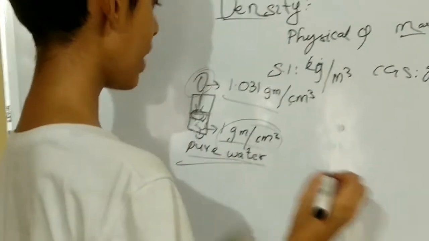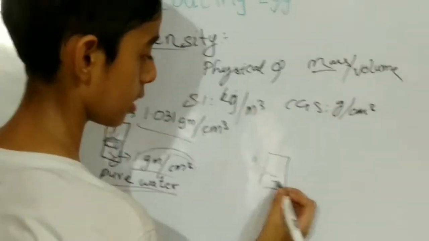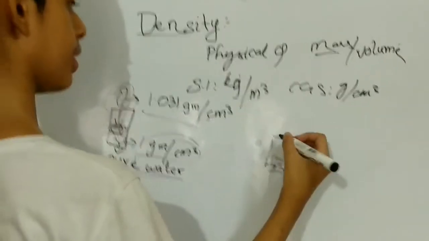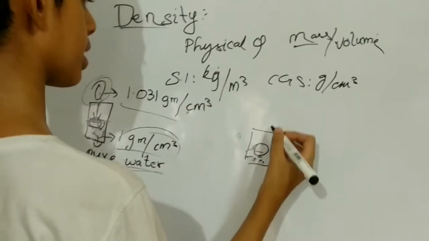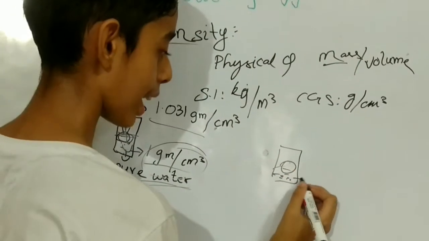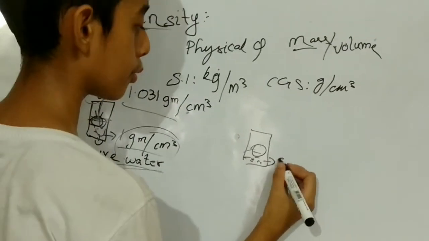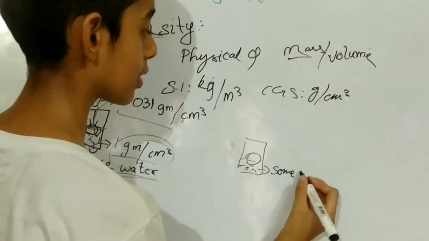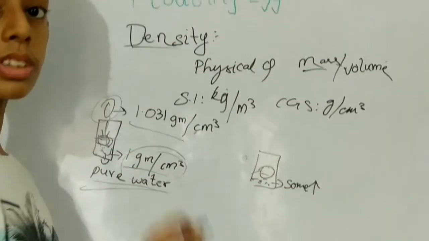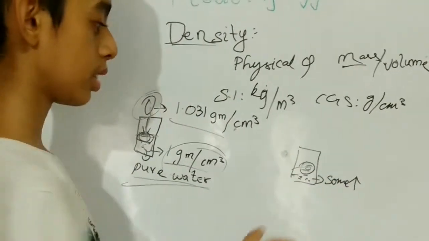And when we added salt to it, the egg floated because the salt has added some density to the water.